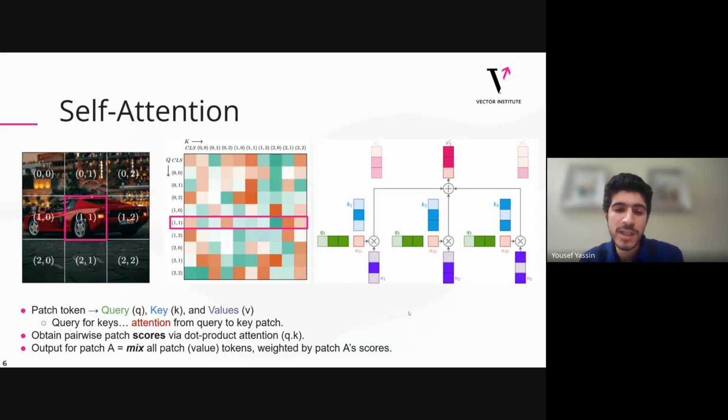So effectively, you can look at self-attention as a mixing of all these patch value tokens in order to get a new value token weighted by patch A's attention scores to all other patches. So the higher the attention, the more that a patch attends to another patch, the more contribution that patch will have in the next layer.